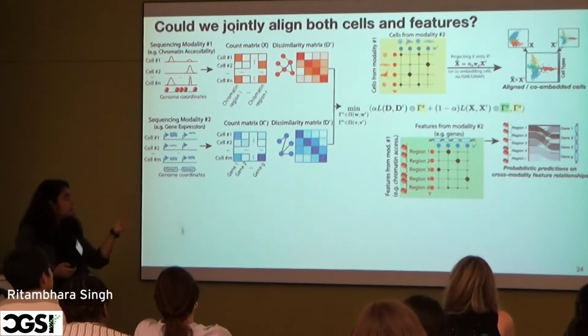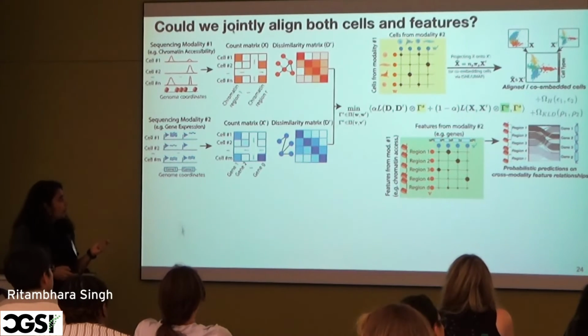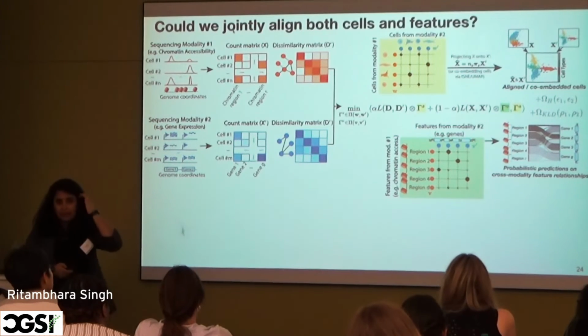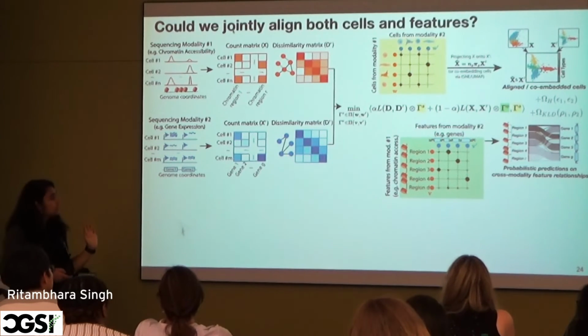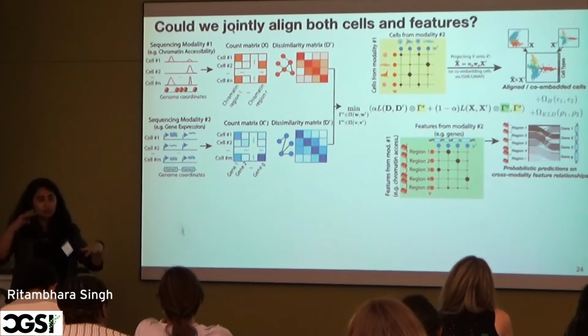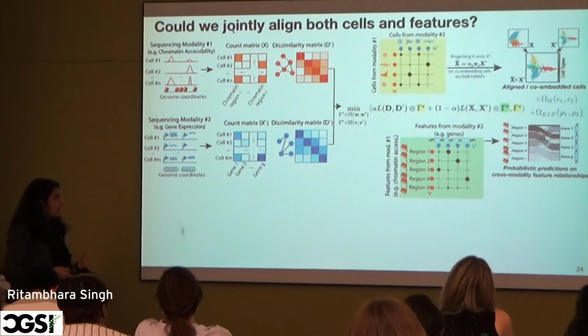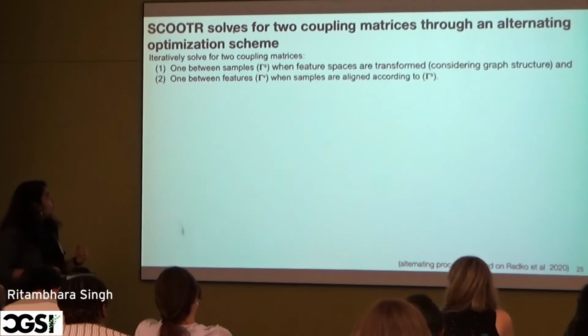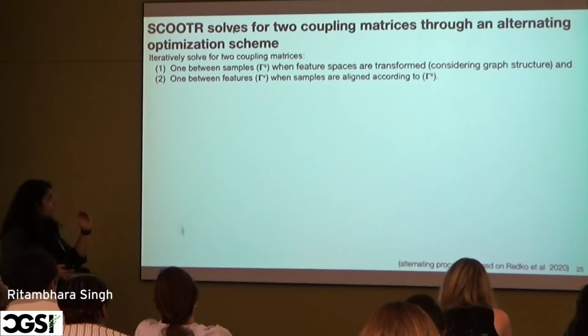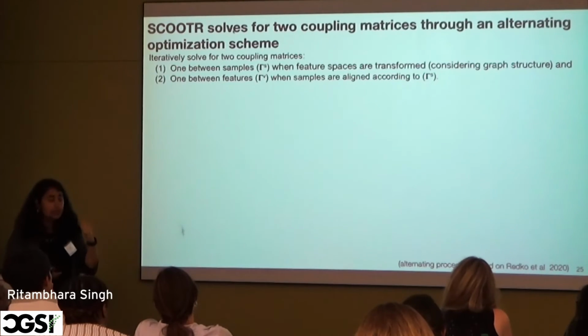We weigh these two terms using the alpha hyperparameter. Then we have some regularization terms. We still keep the entropic regularization term that I already discussed. The scale divergence term is something we introduced in Scot version 2 to handle disproportionate cell type representation. So Scooter solves for two coupling matrices through an alternating optimization strategy.